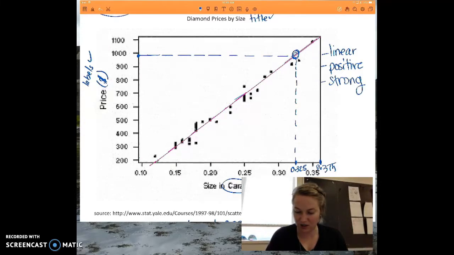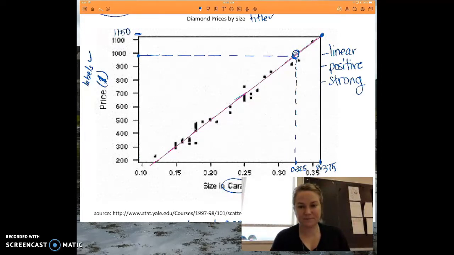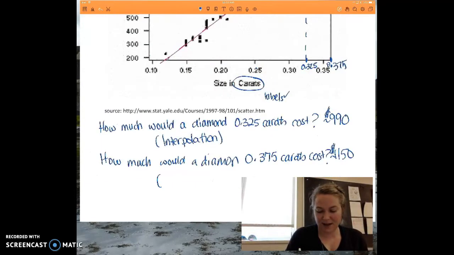It's probably actually a little bit further in, but in this case, I'm looking right at that point. And so that's going to be, my cost here, we'll say $1,150 approximately. And that's called extrapolation.